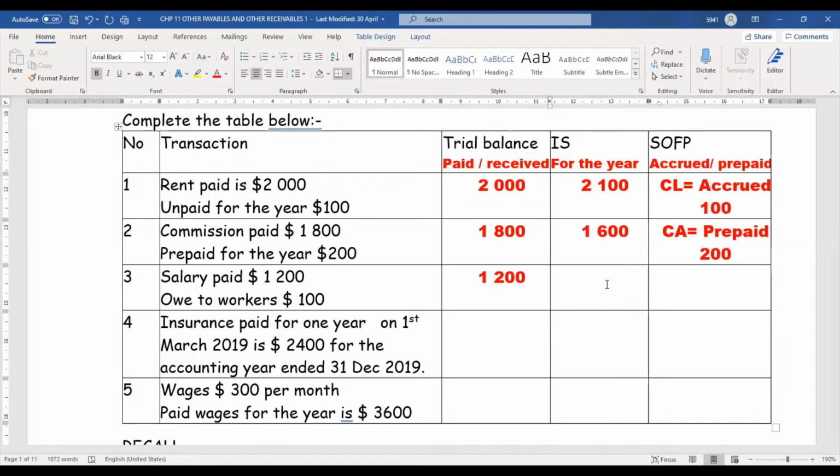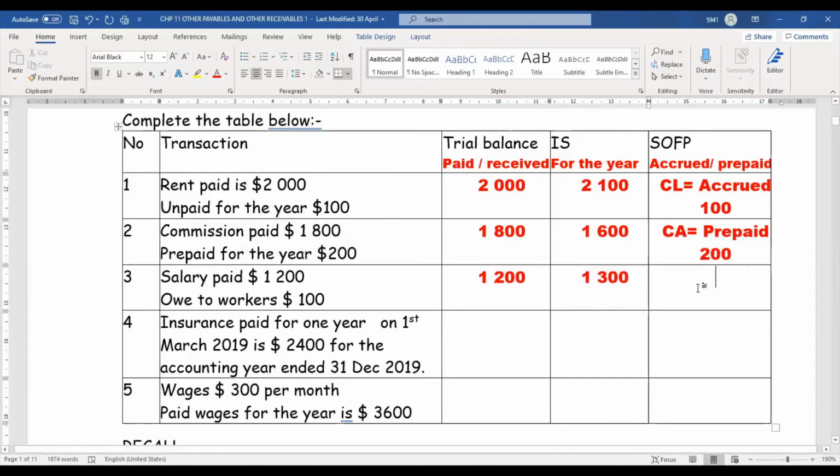This is accrued. Accrued means we're supposed to pay, but we haven't paid. So we plus 1,300. We paid 1,200, correct? But the 100 we're supposed to pay, we haven't paid. So we'll plus into the income statement. We show in the income statement as 1,300.